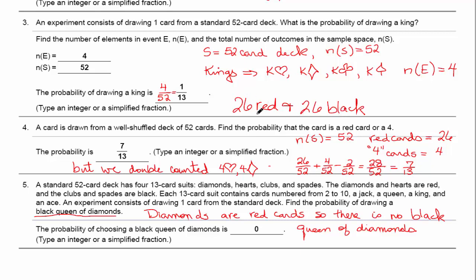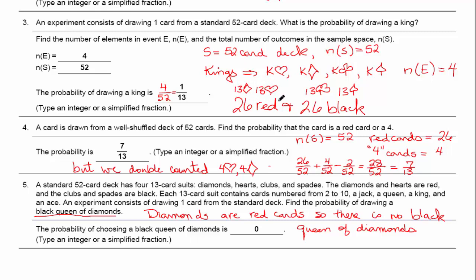Of the red cards, there are 13 diamonds and there are 13 hearts. In the black cards, you have 13 clubs and you have 13 spades. So the 26 break up into 13 clubs and spades. The reds break up into diamonds and hearts.